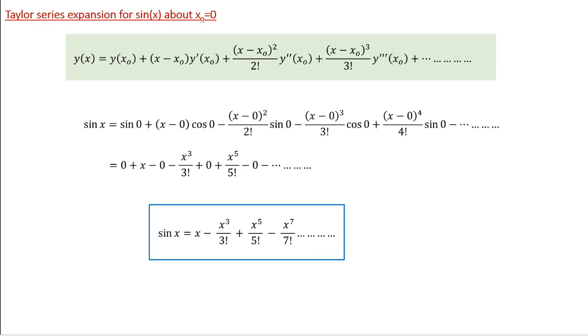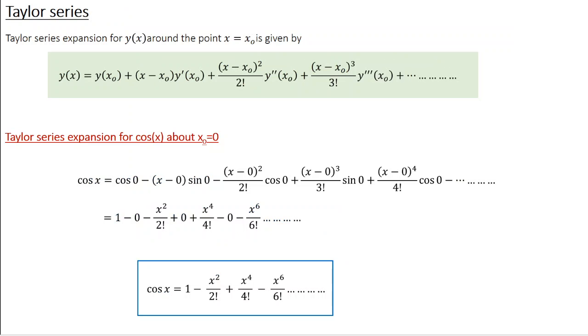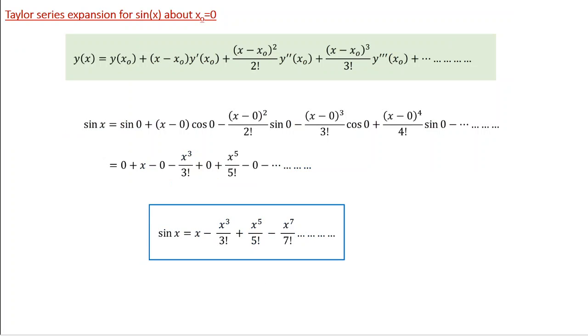You can quickly compare this with the Taylor series of cos x, and you will find that in the case of the cos function you have only the even power terms, whereas in the case of the sine function you have only the odd power terms. So this is the fundamental difference between these two Taylor series.